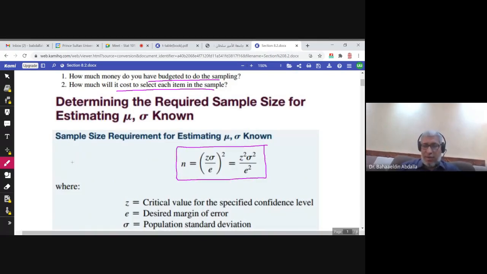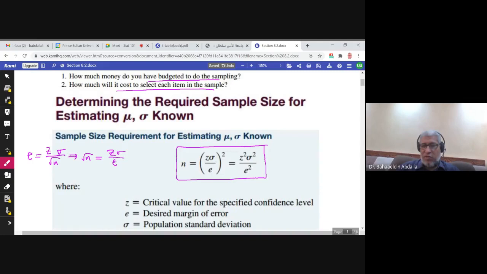If you remember, the margin of error in the previous section is z times sigma over square root of n. And if you interchange square root of n and e, then square root of n would be z times sigma over e.